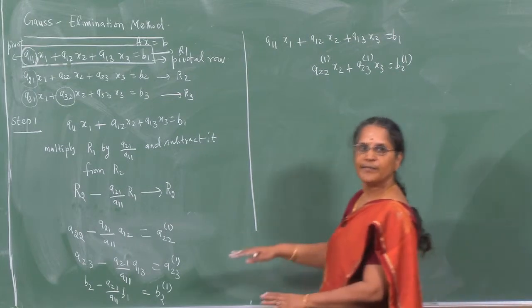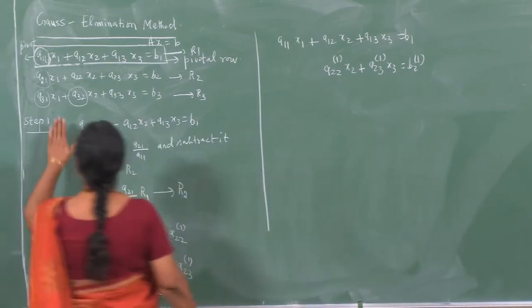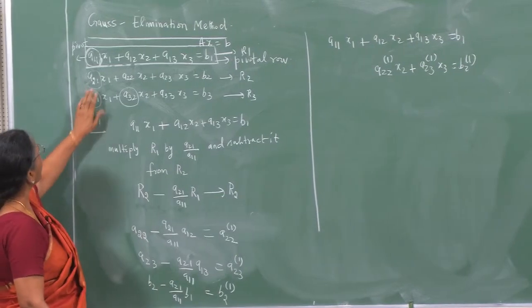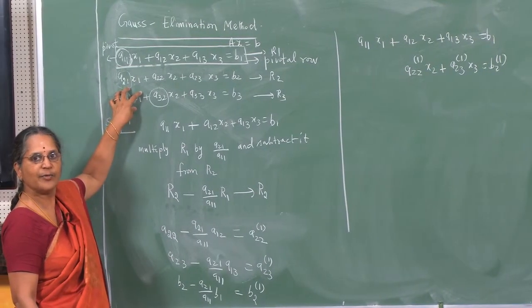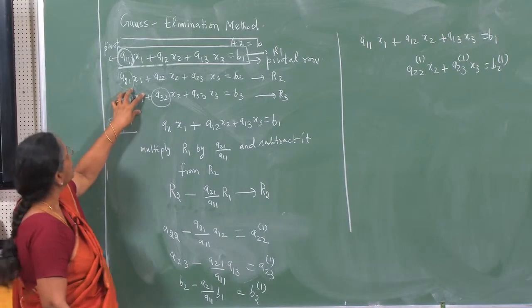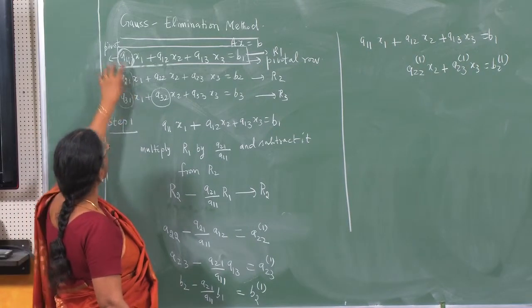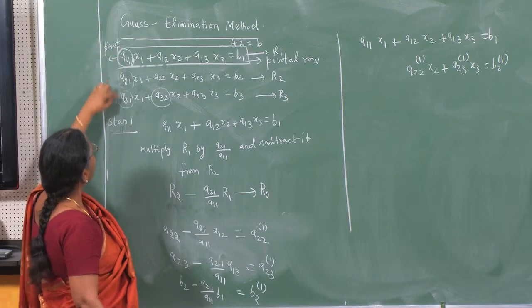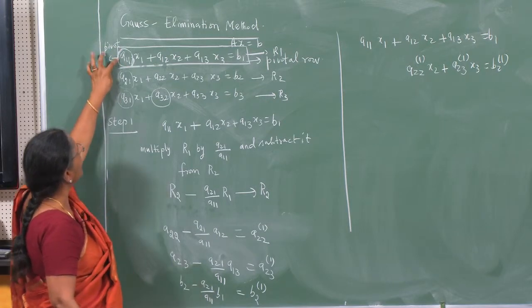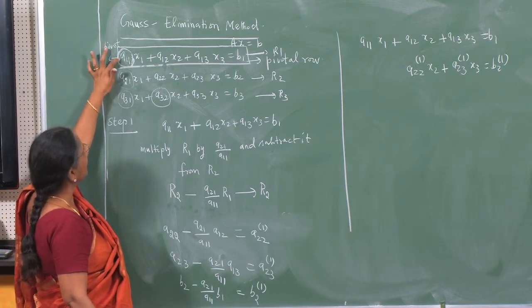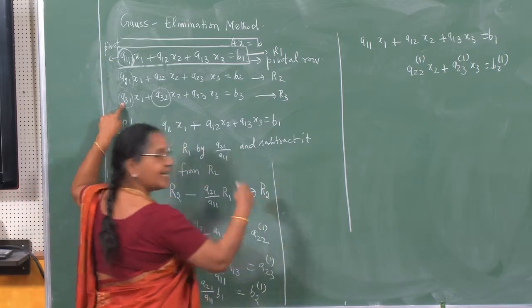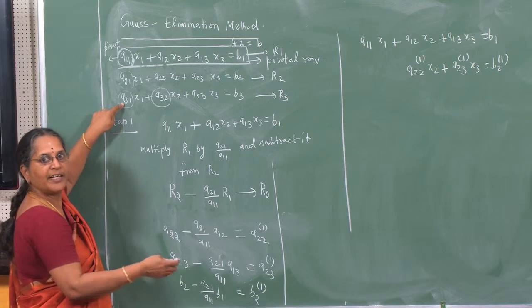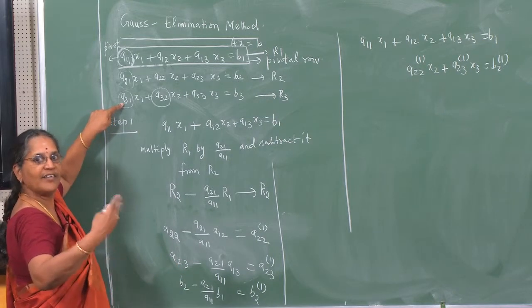I do the same thing with the third equation, namely I have to make the coefficient of x1 in the third equation 0. So, what do I do? I multiply equation 1 by A31 by A11 and subtract it from the third equation. So, I perform another elementary row operation involving the third row and the first row.